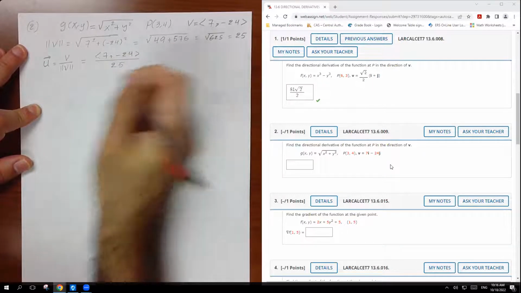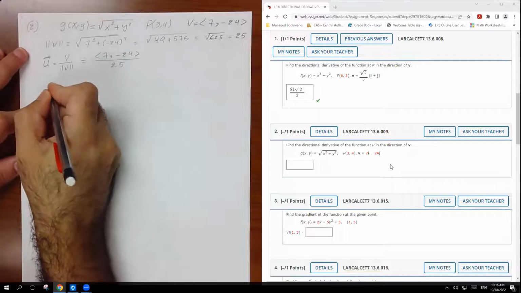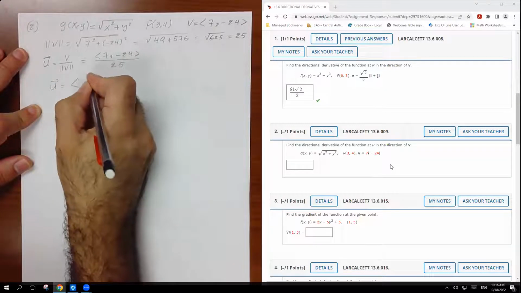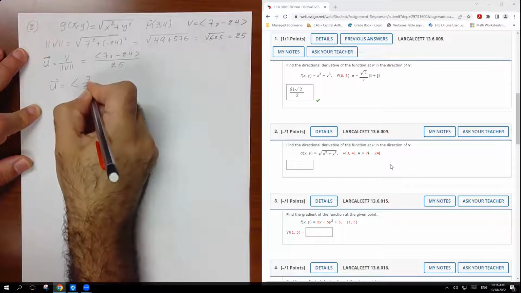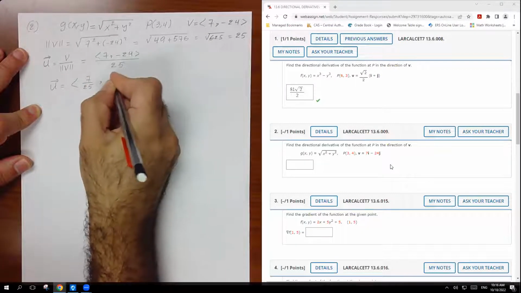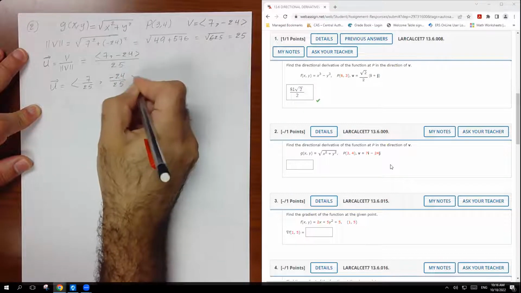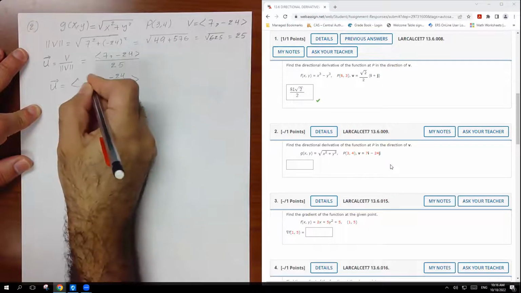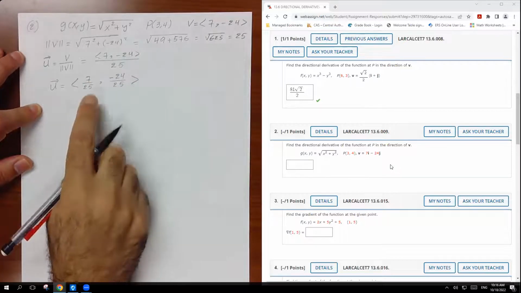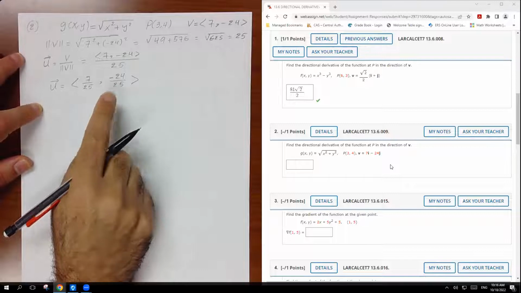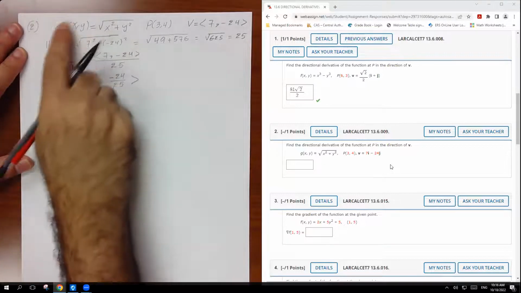So our new vector is U equals 7 over 25 and negative 24 over 25. This is our unit vector, and the length of this unit vector is 1. So now we have the new vector, which we will work with the function.